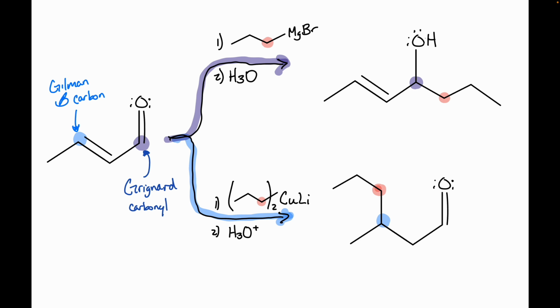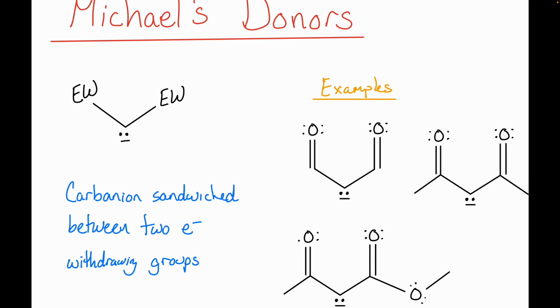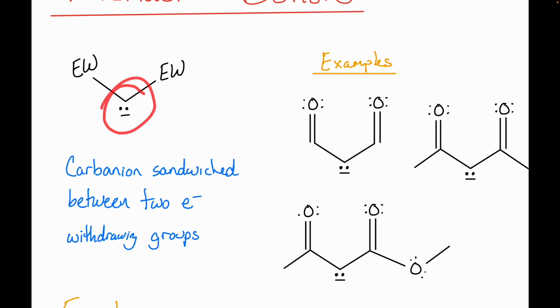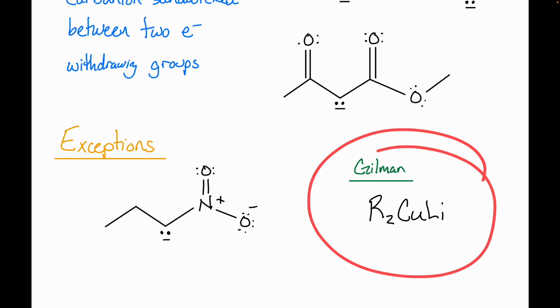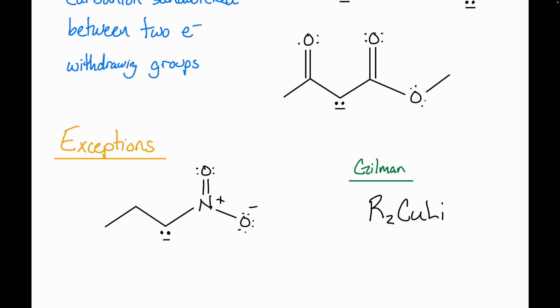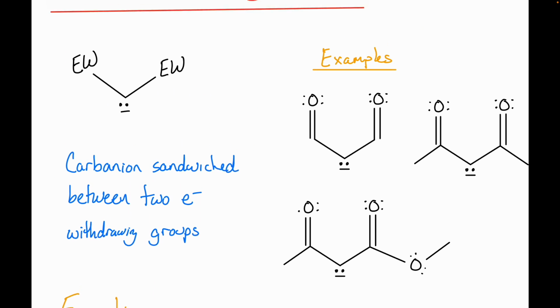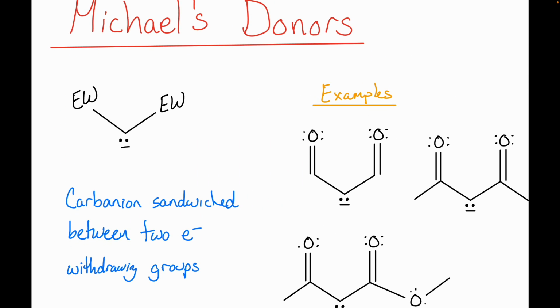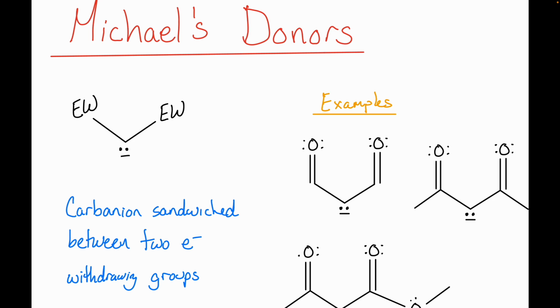Which is what we call our Michael donors, things that prefer that site. Most Michael donors are going to have these 2 big electron withdrawing groups in the middle with the carbanion. Our Gilman is another example of something that will add to that electrophilic beta carbon. One other thing we're going to note about our Michael donors is that in order to deprotonate, we don't have to use anything crazy.